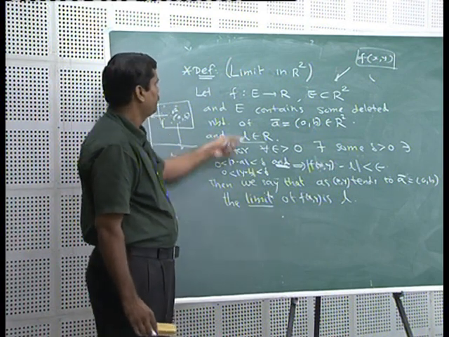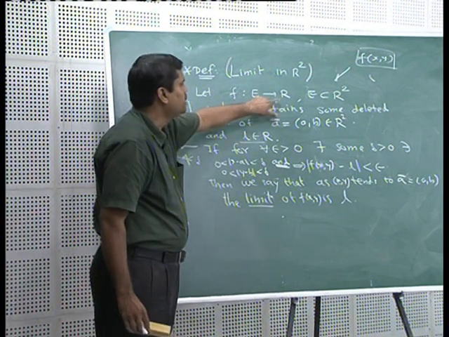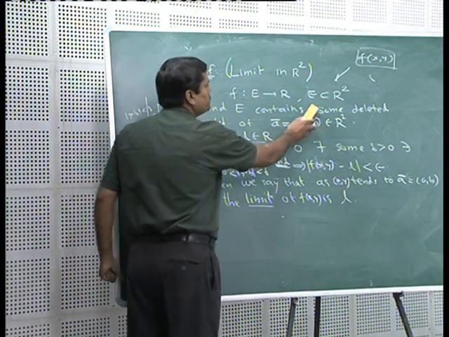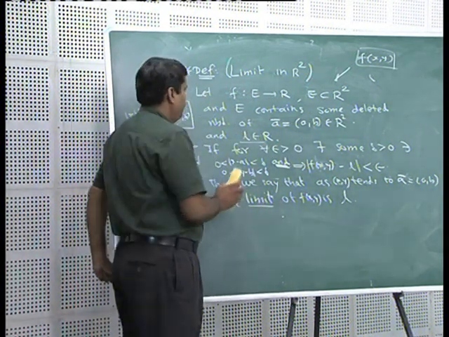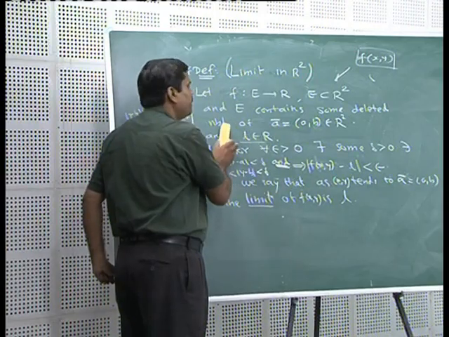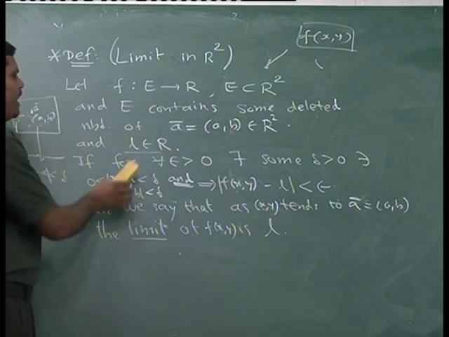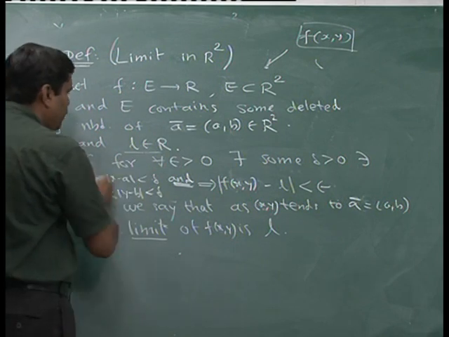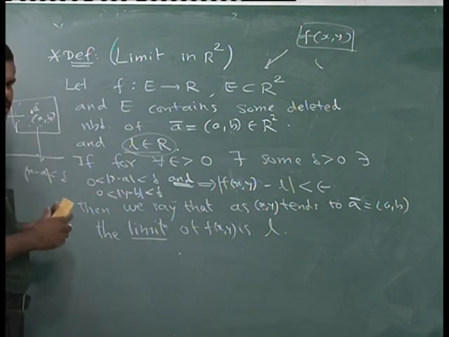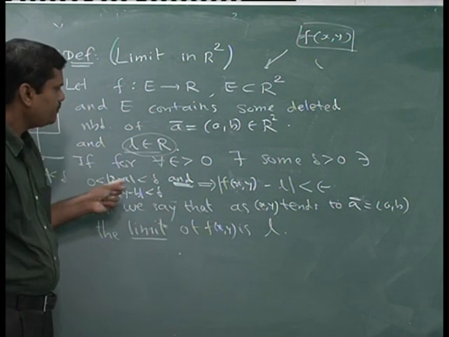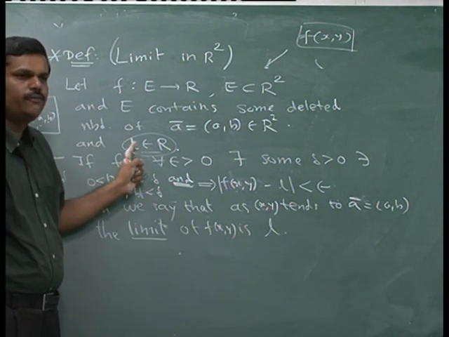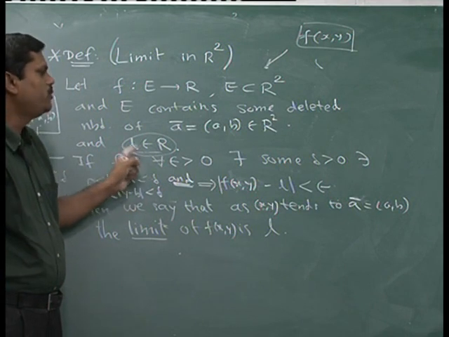Let us repeat: f is a function from E to R, where E is a subset of R2, E contains some deleted neighborhood of a bar, that is (a, b) in R2, and L is a number known to us. Remember, for the definition of limit, the value of L should be known to us.